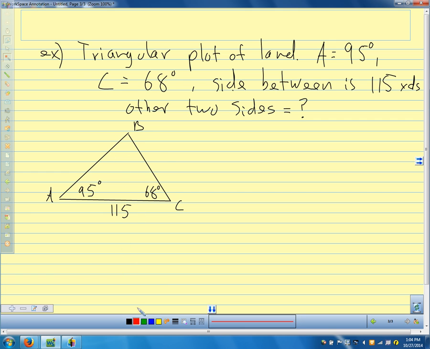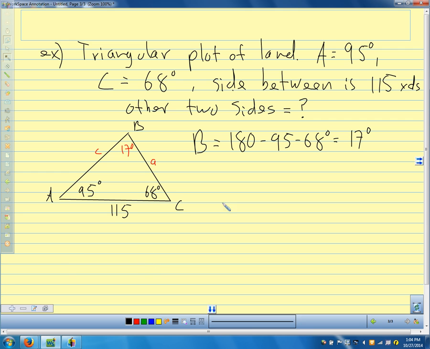So we're looking for side A, and we're looking for side C. So what piece of information do we need before we start? We need angle B. And to find angle B, we subtract from 180. So that comes out to be 17 degrees.